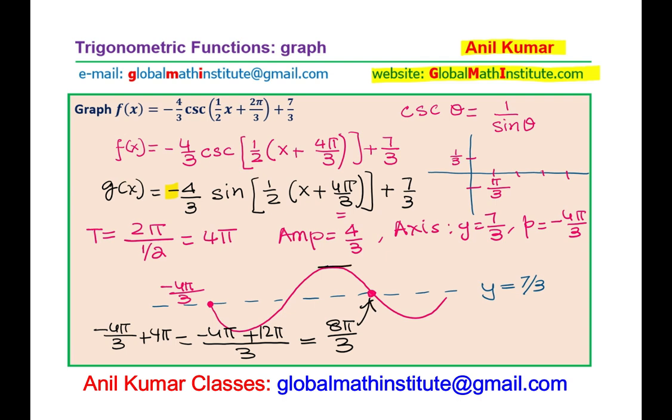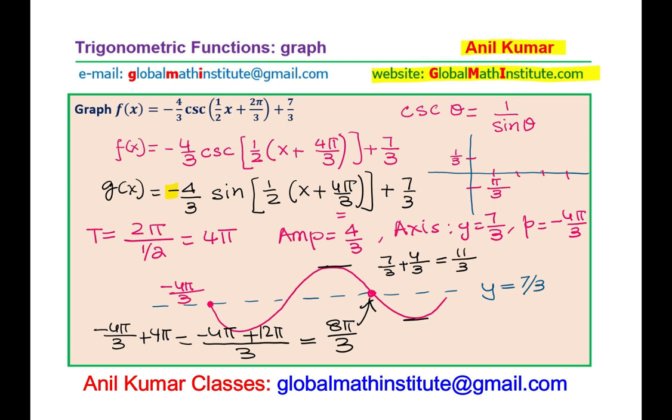What is the maximum and what is the minimum values? Well, for the maximum value, you have to add 4 by 3 to 7 by 3, right? So this will be 7 by 3 plus 4 by 3, which is 11 by 3, correct?